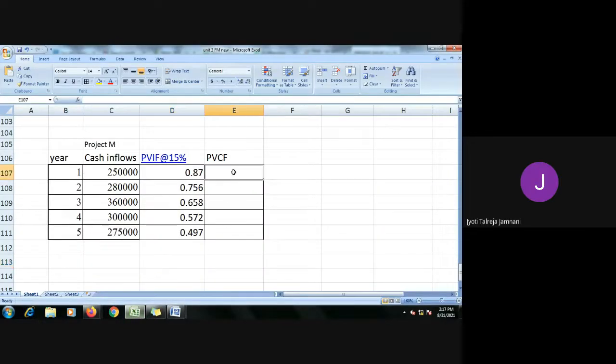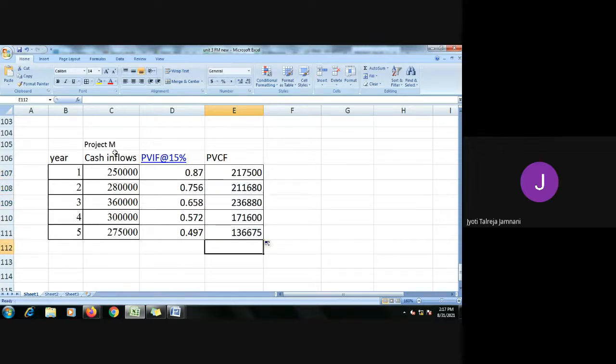Now what we will do is multiply the cash flows with the rate to get the present value of cash flows. So we multiply 2,50,000 into 0.870, and we get 2,17,500. 2,80,000 into 0.756, you will get 2,11,680. Similarly, we do it for the rest of the years.